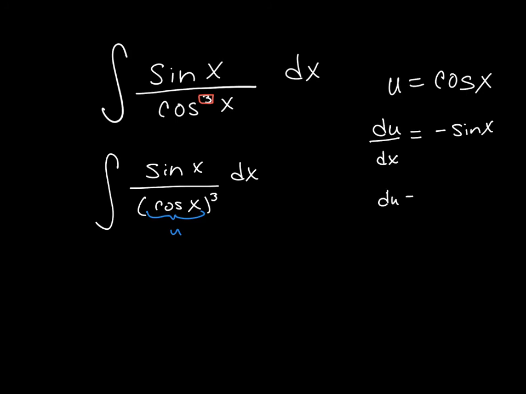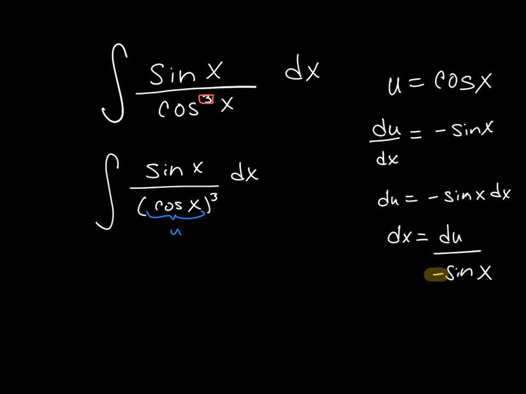So du would equal minus the sine of x dx. Or I get that dx is equal to du over minus the sine of x. And this is where I think writing it all out helps, because those negative signs are really important that we don't get lost in those questions.